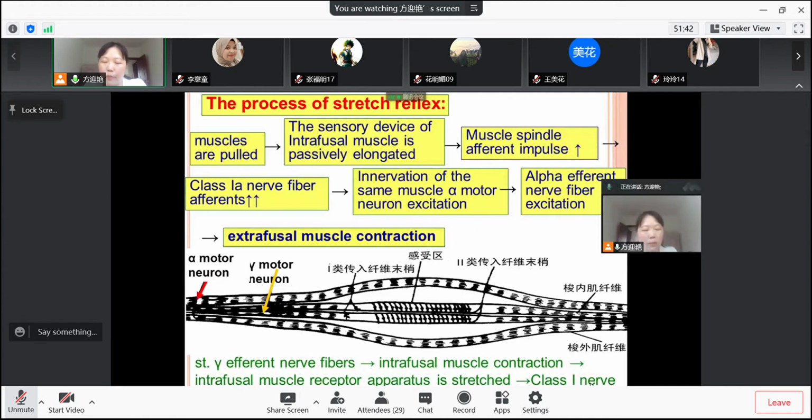Class 1 sends the information to the spinal cord, and then the alpha motor neuron is excited.